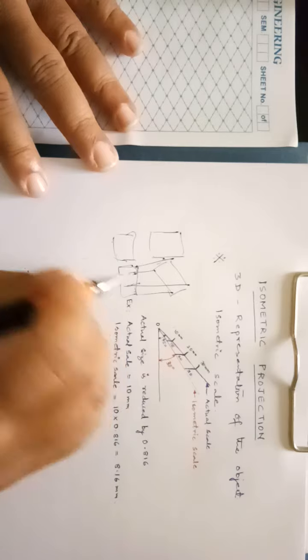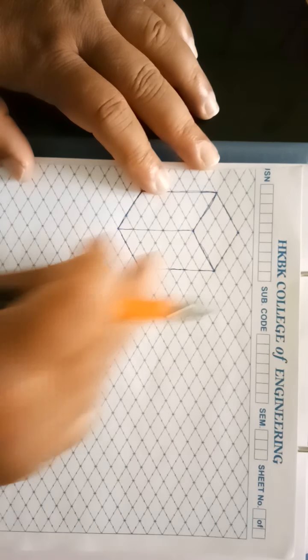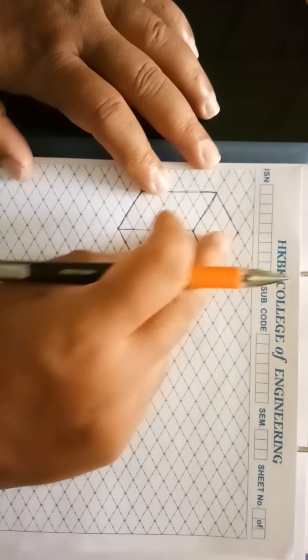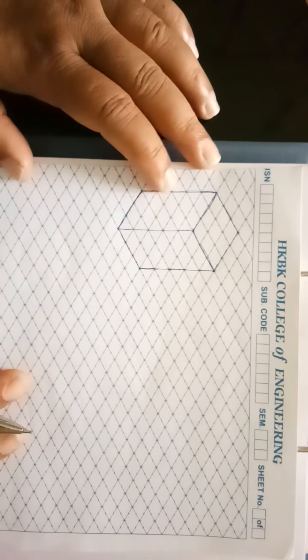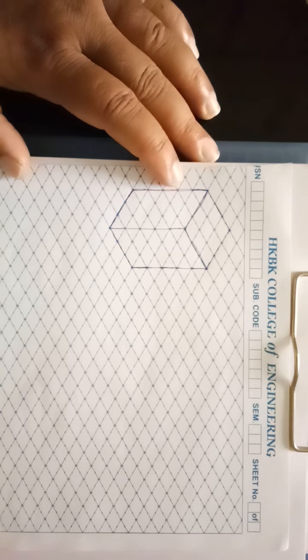So hidden lines also should be shown here, but in isometric projection the hidden lines will not be shown. Even if you draw them for construction purpose, you erase them at the end. Okay, so this is a square prism in isometric.